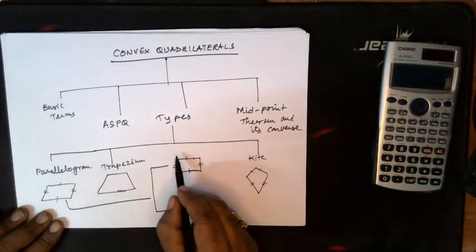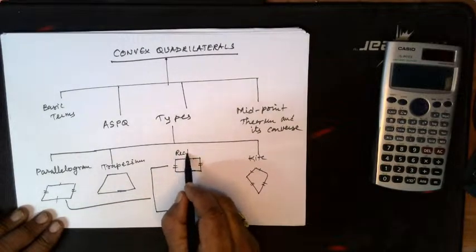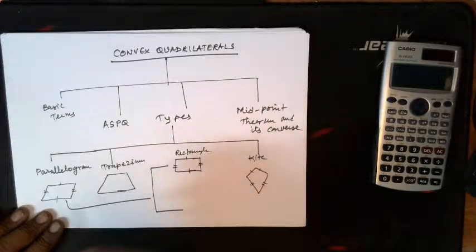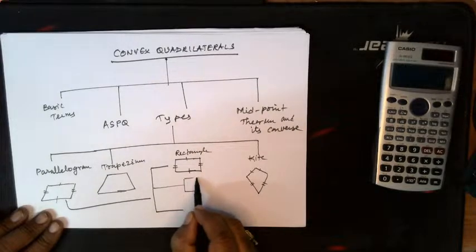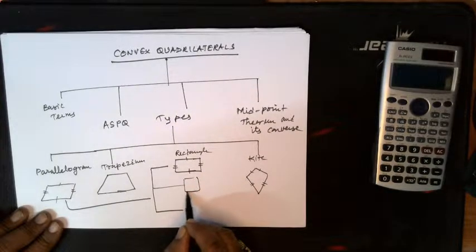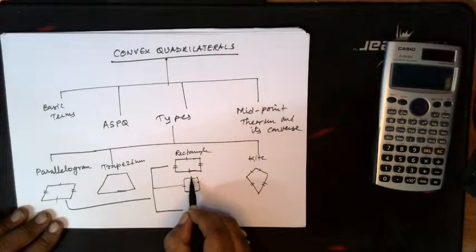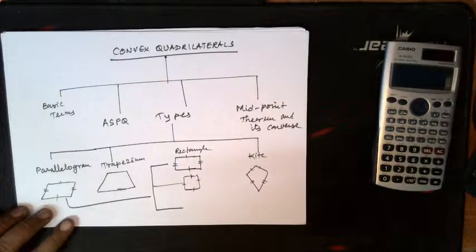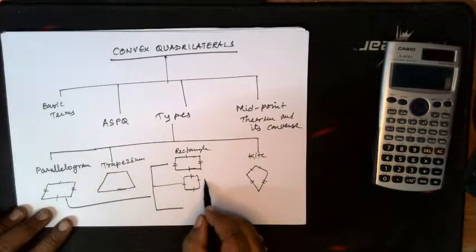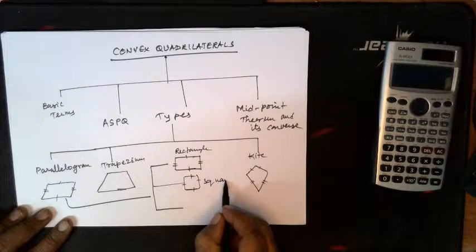So this is a rectangle. Then we have square: all sides are equal and all angles are 90 degrees.